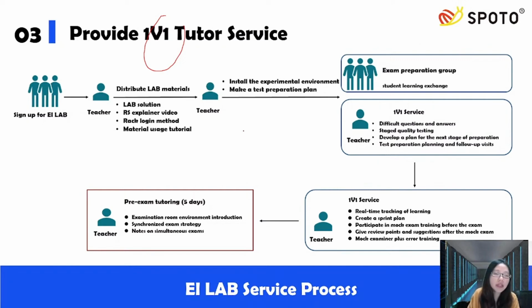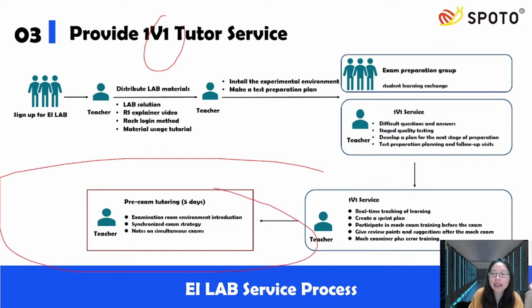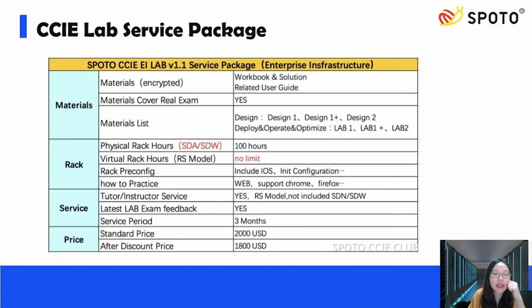If you encounter any questions or difficulties, we will help you. We will arrange tests of your practice quality at each stage to confirm that you meet test standards, and arrange a sprint plan for you. We will cover matters needing attention in the exam, and make sure you pass the CCIE in one pass.